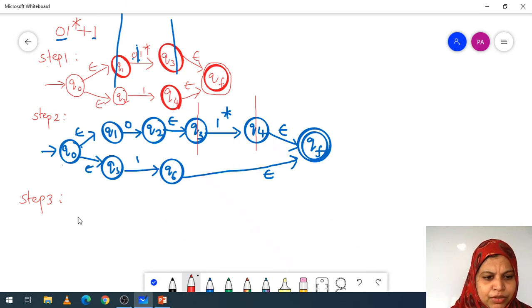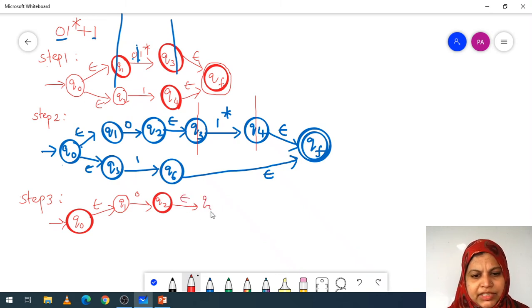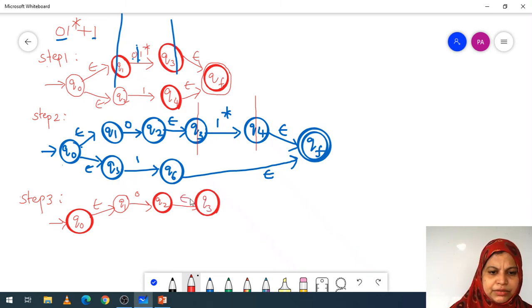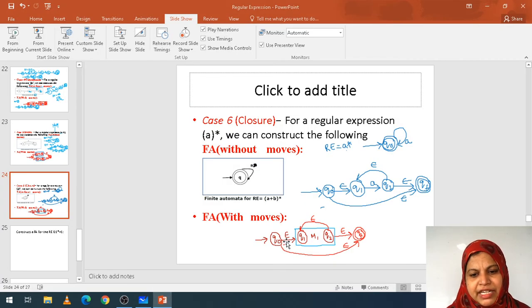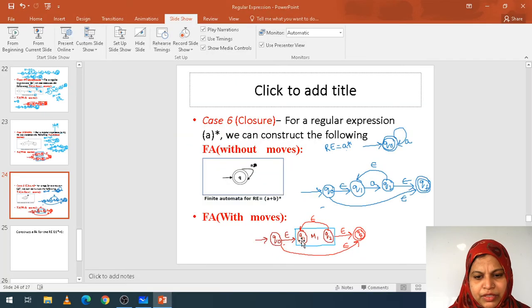So q0 epsilon q1, 0 q2 epsilon q3, right? From here to here we are going to perform the epsilon. First epsilon followed by this one. Epsilon q4, epsilon q4, then m.